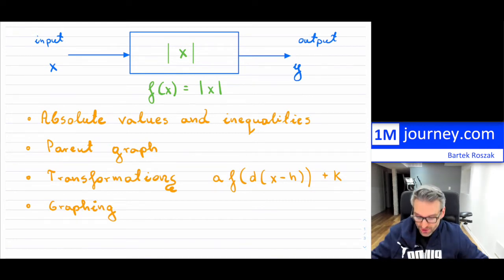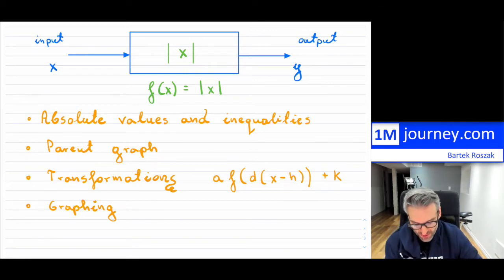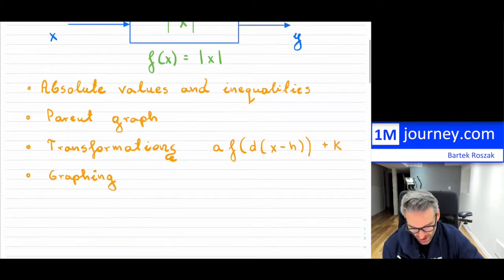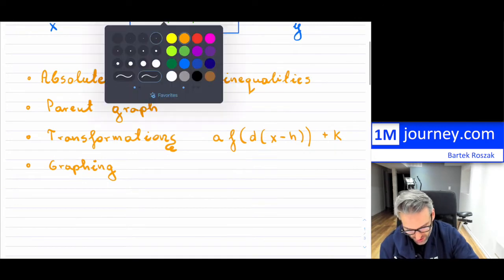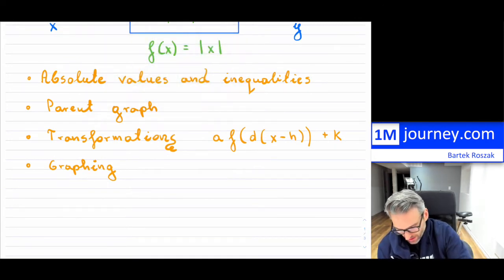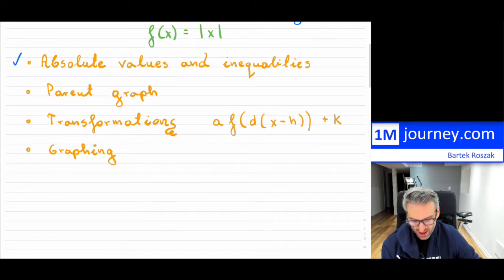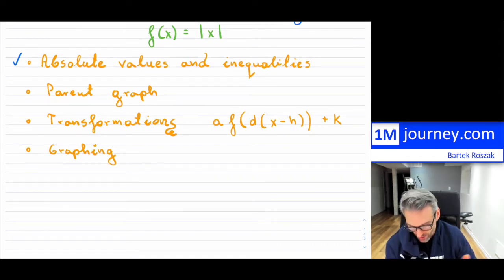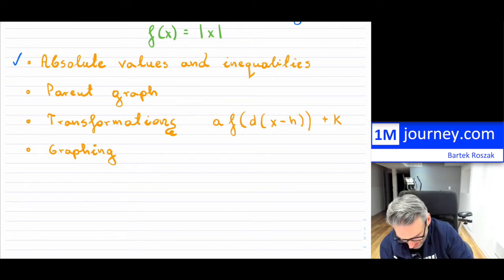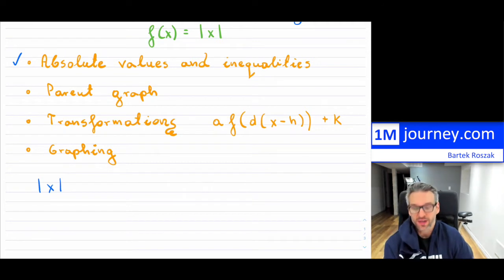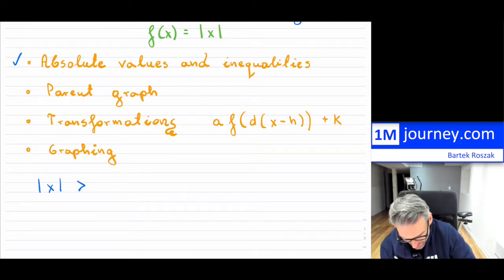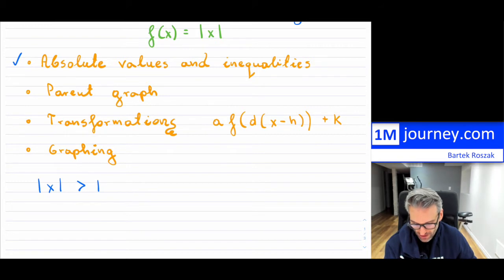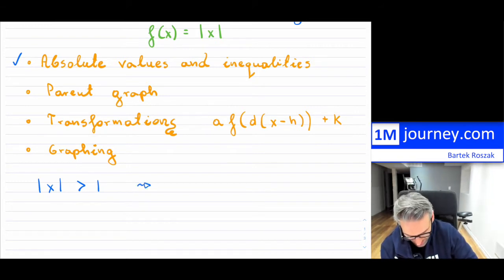For absolute values and inequalities, it's not so much that you have to graph them, but that you understand how they're utilized in setting up restrictions. For instance, I may write: the absolute value of x is greater than 1.